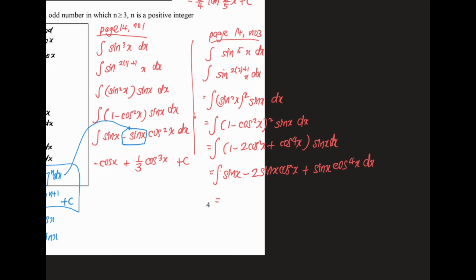Now integrate. Sine becomes negative cos. For the second term, I use the same formula as just now, the one in blue color on the screen, so it is going to be positive 2 over 3 cos 3x.